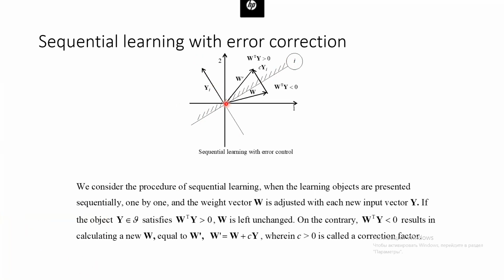It's like a decision surface, which divides our space into positive and negative parts. The surface will be perpendicular to the weight vector after all corrections.